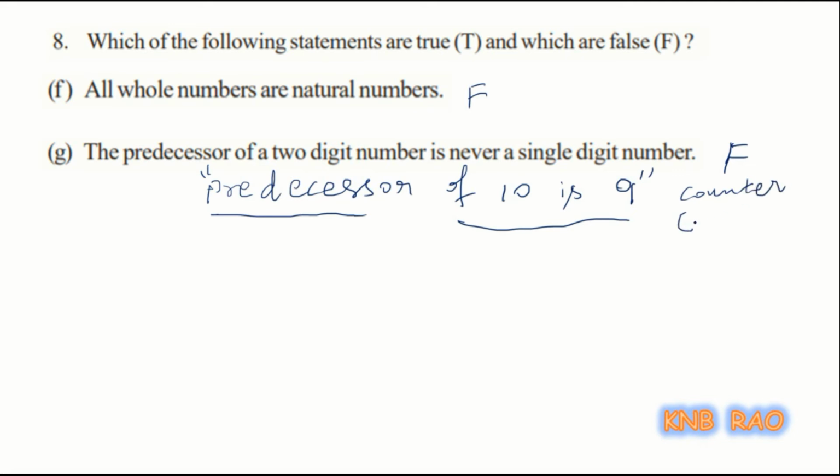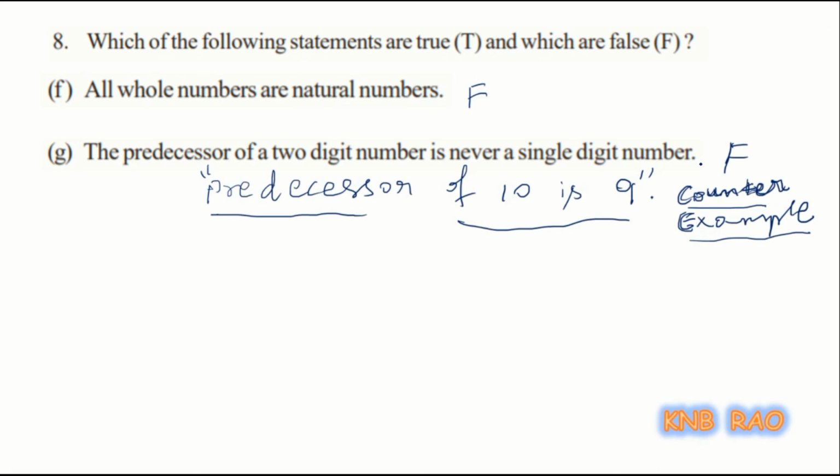So we will look for reasons for the falseness or truthfulness of a given statement. By providing a counter example, you can disprove the statement. These are the terminologies which you will be using in later stages in geometry. So for your knowledge, the predecessor of 10, which is 9, is disproving the statement. We call this example a counter example.